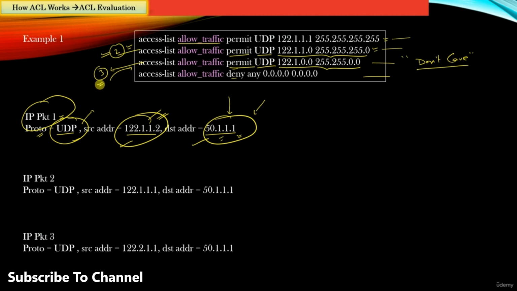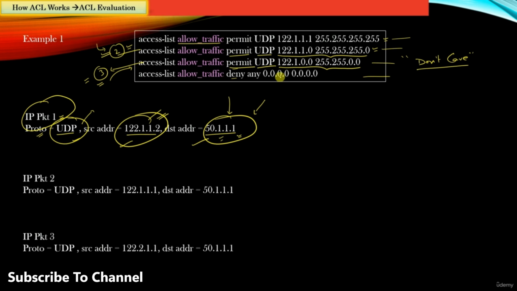So now the question is which ACL rule we must honor. Should we announce that ACL rule number 3 has permitted the packet or ACL rule number 2 has permitted the packet? The answer is simple. We will say that ACL rule number 2 has permitted the packet, because ACL rule number 2 is more specific as compared to ACL rule number 3.